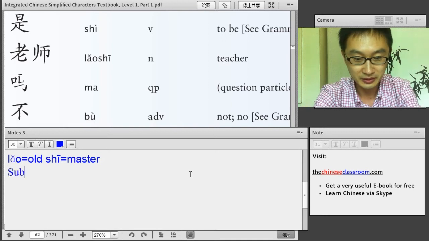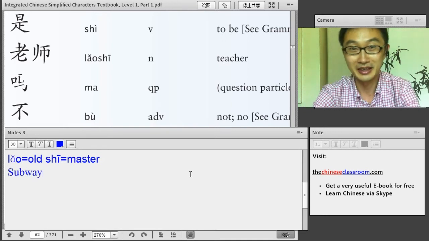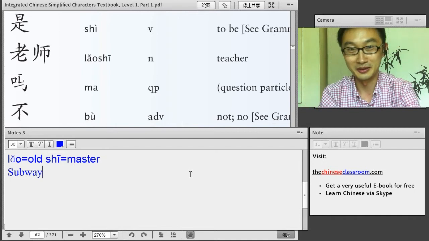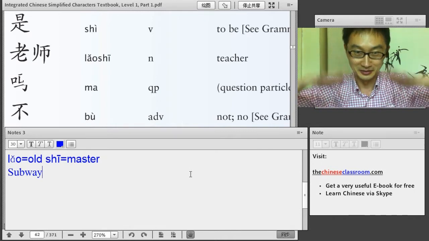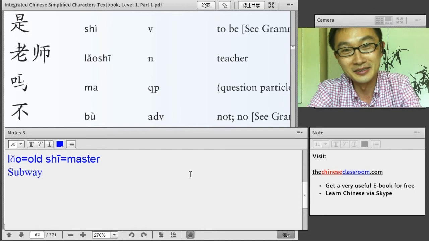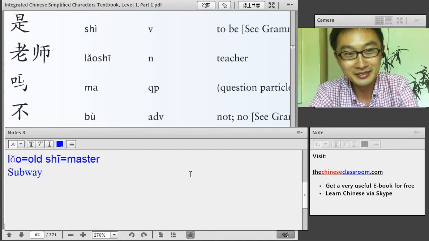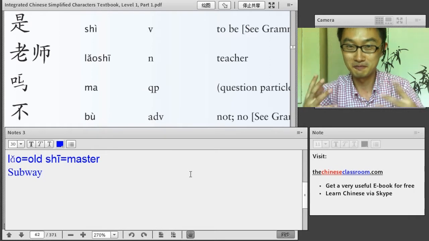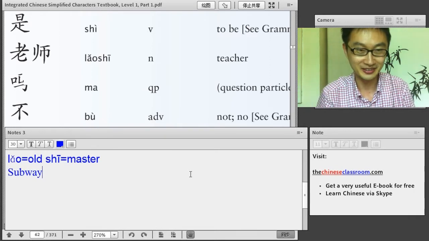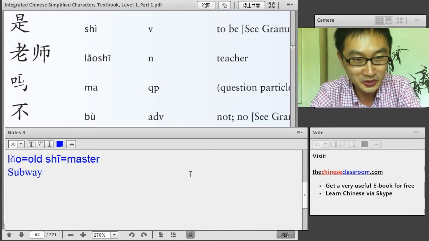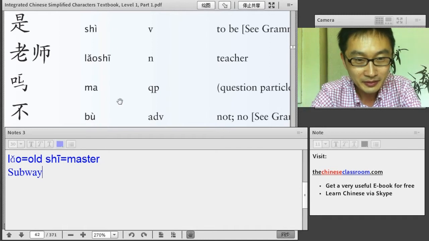Sub is kind of under, way is road. So subway is under the ground. The same idea about the Chinese. Each character got a very clear meaning. So it's better to know the meaning of each character. Okay, anyway, let's continue.